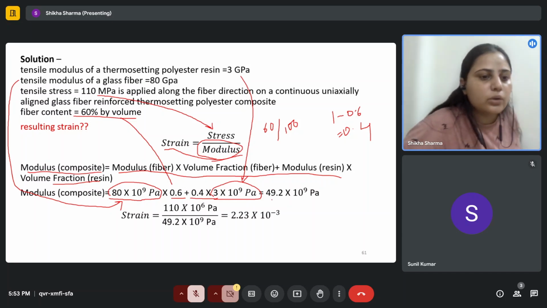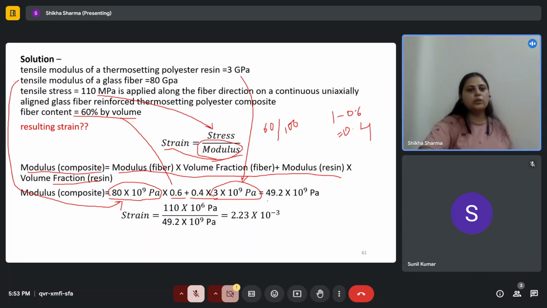So we can calculate the modulus of the composite as 49.2 into 10 to the power 9 Pascal.